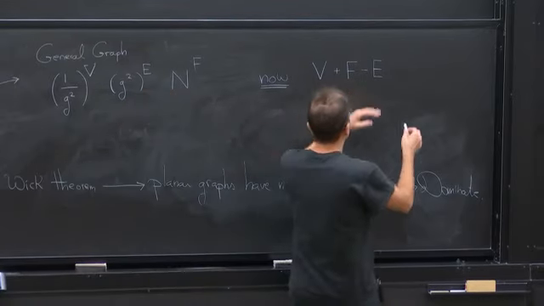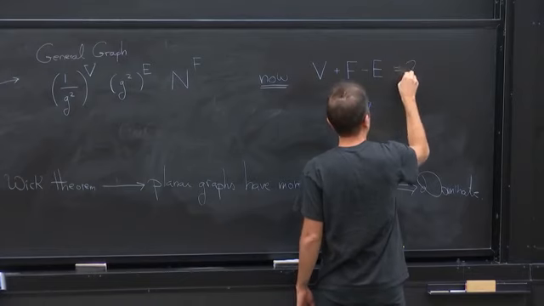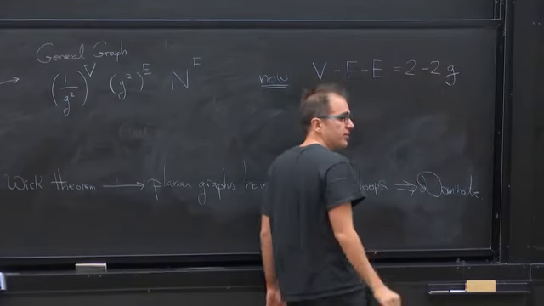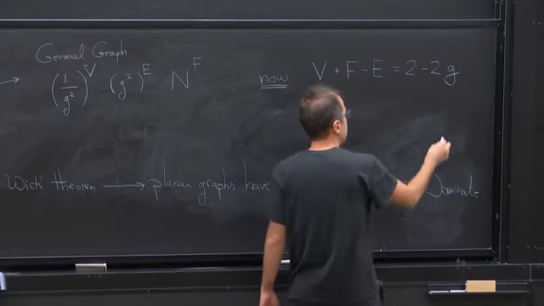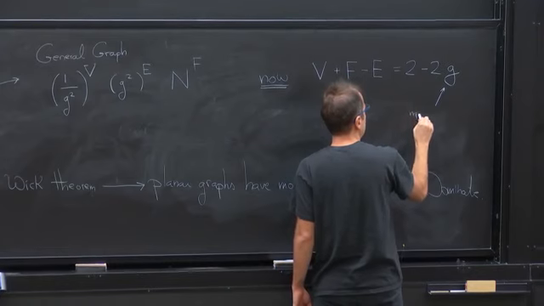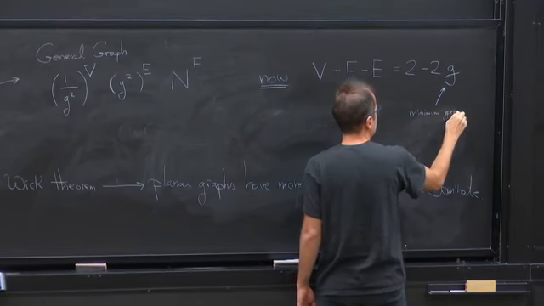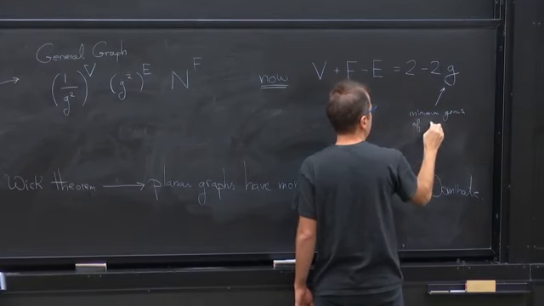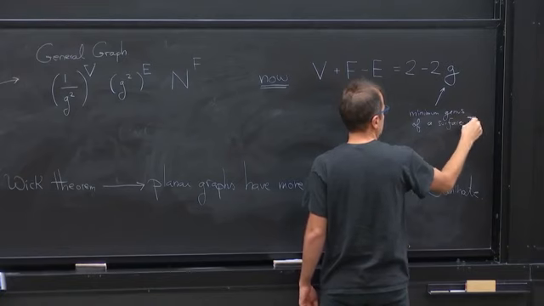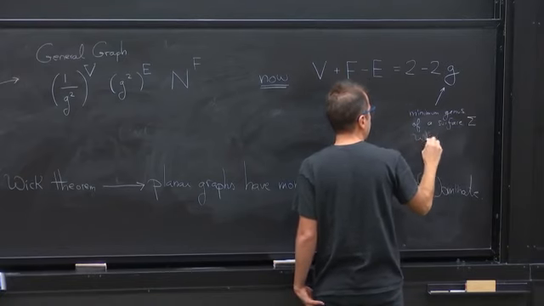And so this quantity is equal to 2 minus 2 times the genus of the graph, where this genus of the graph is the minimum genus of a surface sigma where we can draw the graph.